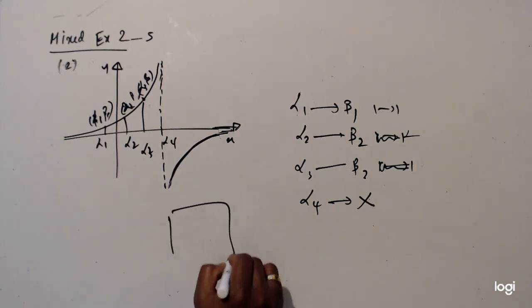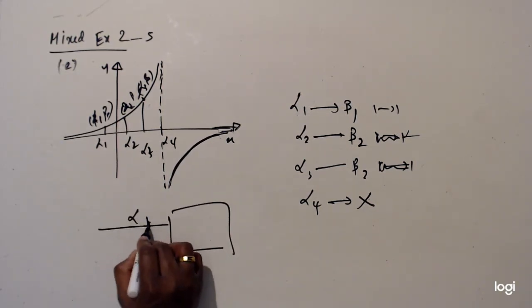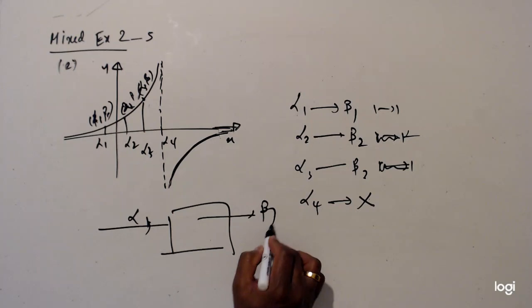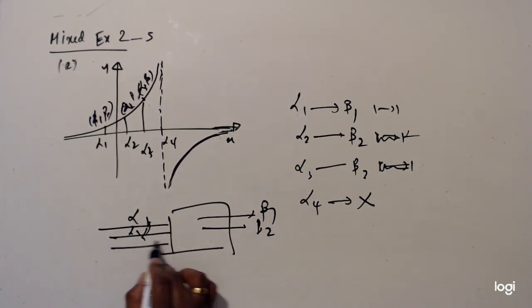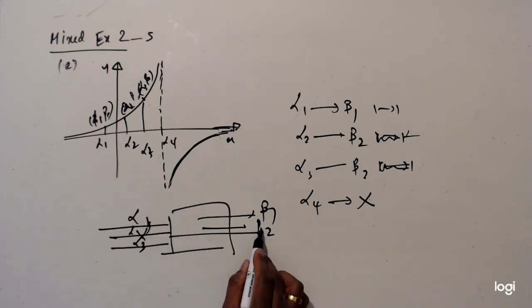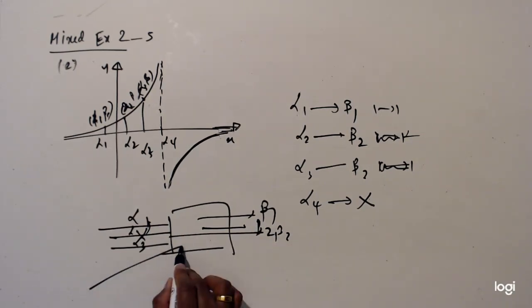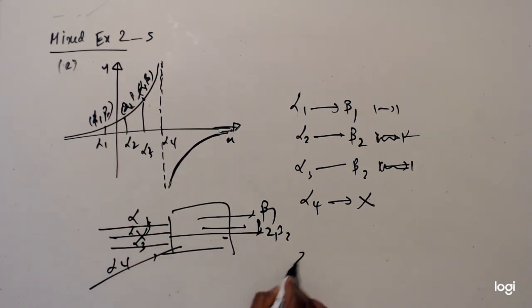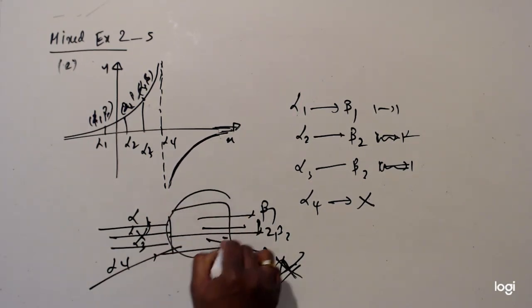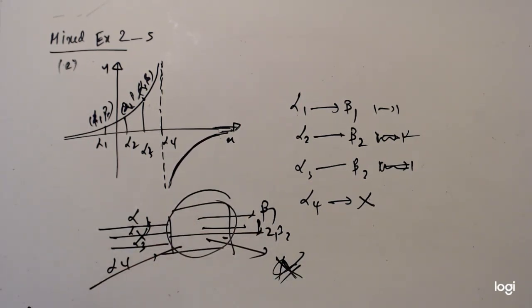Machine is broken. When we put alpha 1, we will get beta 1. When we put alpha 2, we will get beta 2. When we put alpha 3, we will get beta 3. When we put alpha 4, nothing comes out. So then this is not a right machine.